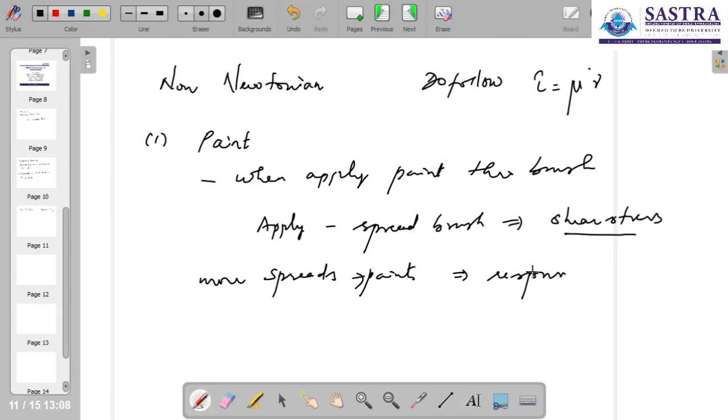At the beginning the spreading may be very little, but as you apply more pressure on the brush, the paint becomes really thin and spreads. So this is a system where the fluid acts as if it is getting thinned and becomes easier to move; the motion is facilitated with an increase in shear stress.